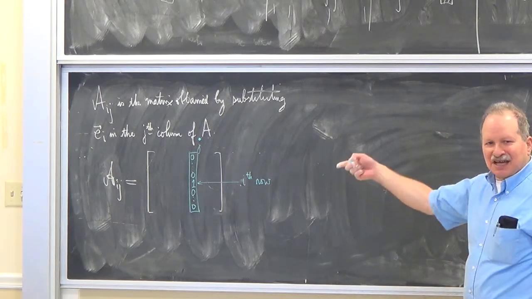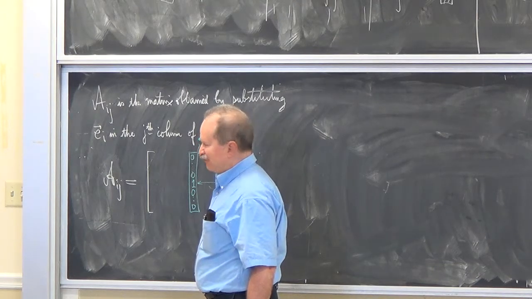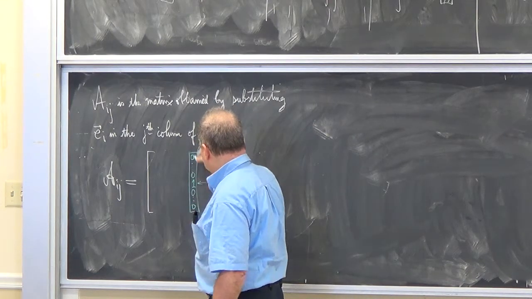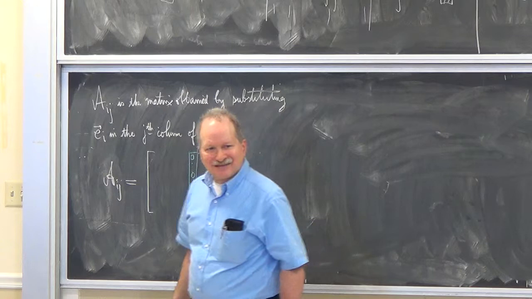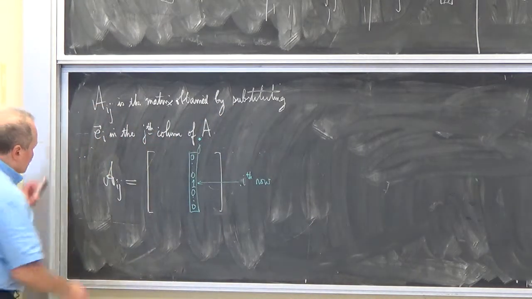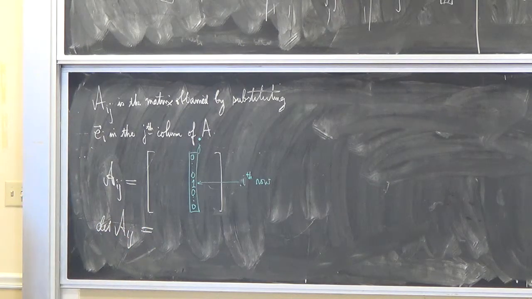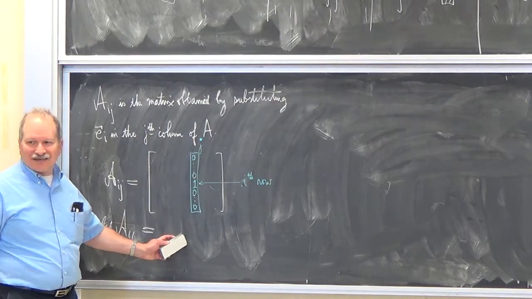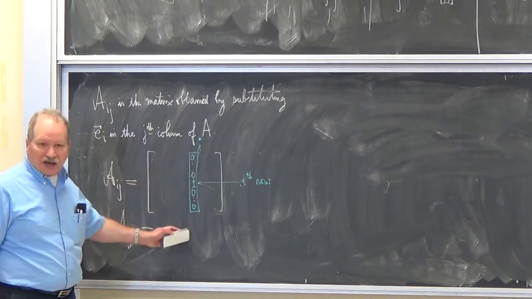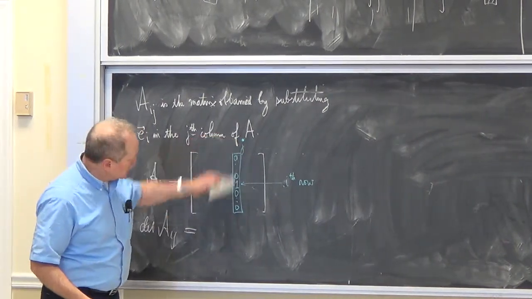How do you compute the determinant of a matrix that has a column that's almost all zeros? Cofactors. Using which row or which column? Obviously this column, because almost all the entries are zeros. So I'm only going to get one contribution if I do expansion in cofactors for this determinant using the jth column.